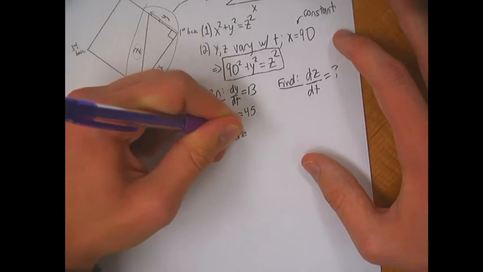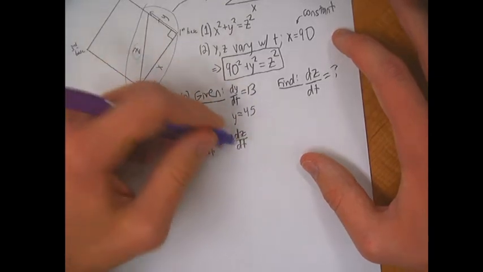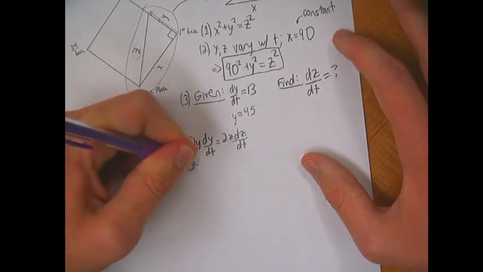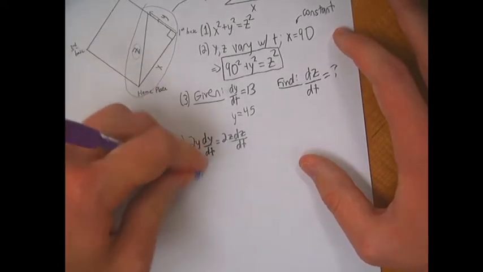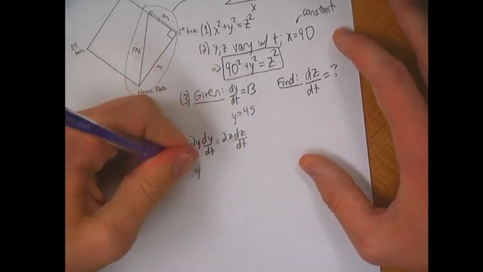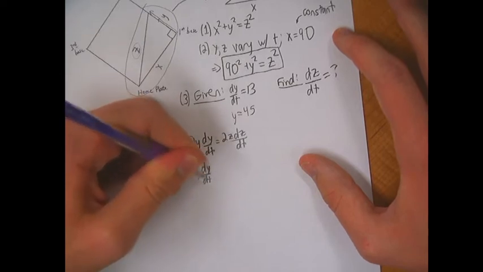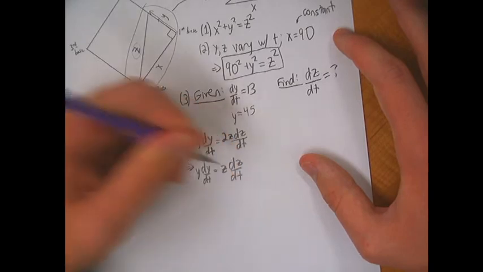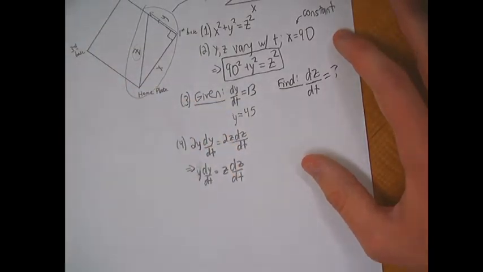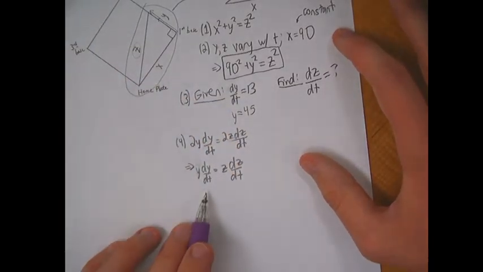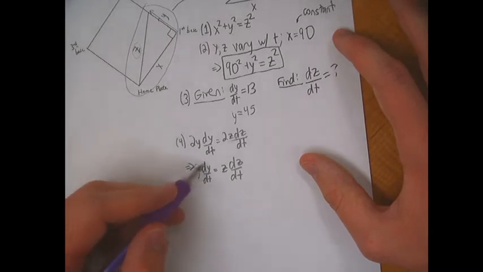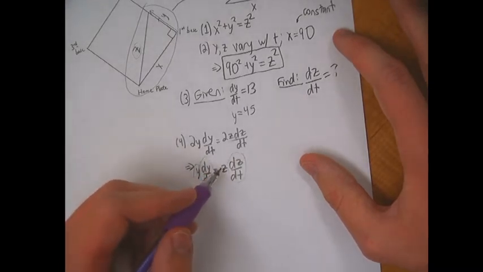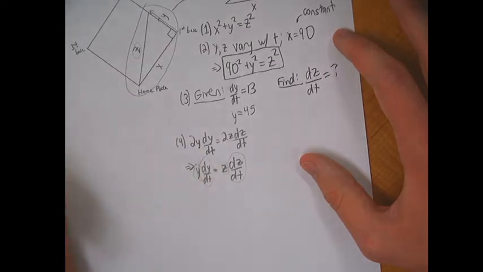Right? Good. And because we always have a 2 here, we can simplify this down to just y times dy dt equals z times dz dt. Okay? So now it looks like we're running into the same problem that we had before, because again we have y and dy dt, but even though we do need to find dz dt, we don't have z yet.